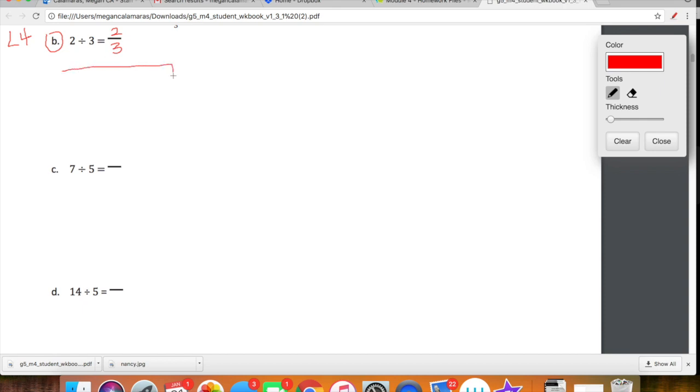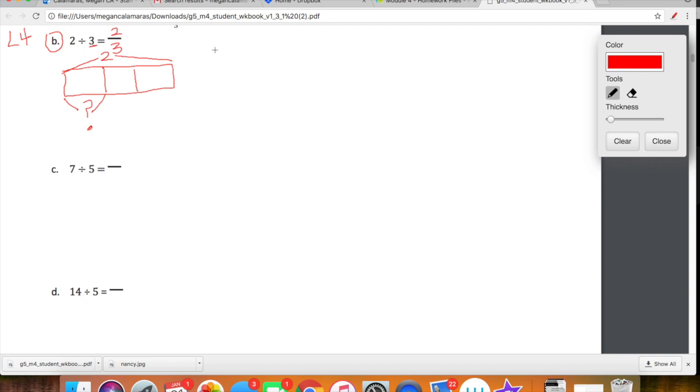It's very simplistic. Our tape diagram is going to represent 2 whole units. We're going to divide that tape diagram into 3 equal pieces. And then we need to figure out, what does this unit represent? Okay, so here's what we know.